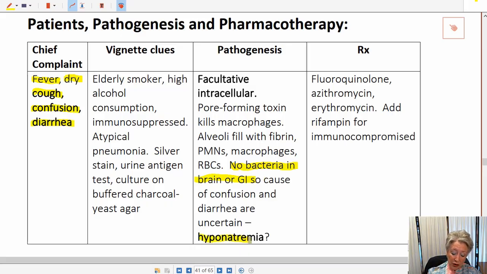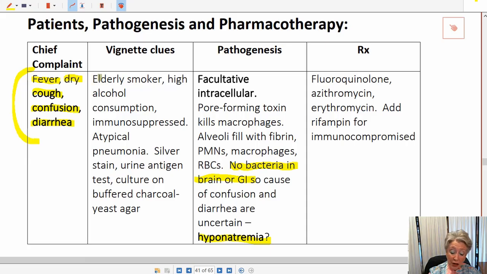We think it's due to the organism causing hyponatremia, but we're not entirely certain. The only thing I want to make certain you notice is that this is the only pneumonia that will be associated with mental confusion and diarrhea. So that becomes an important point for you to notice as you're reading case histories.